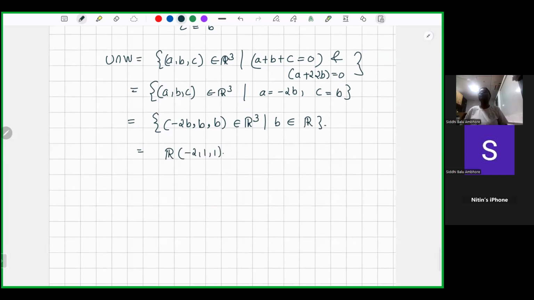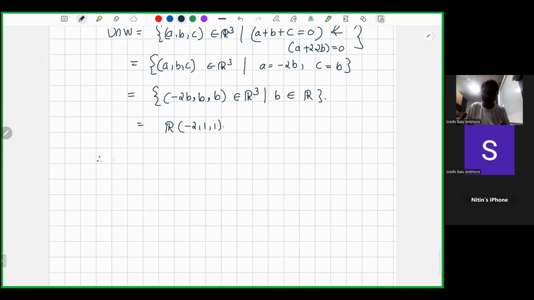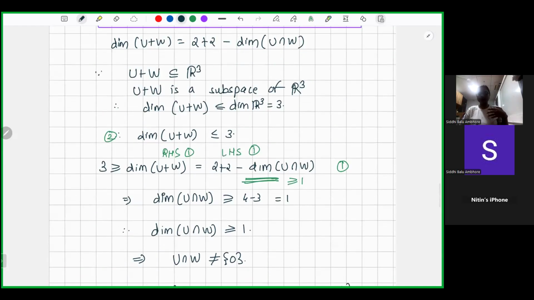So this is my vector space U intersection W, and we can directly see that the dimension of U intersection W is indeed 1. So that's what we did.